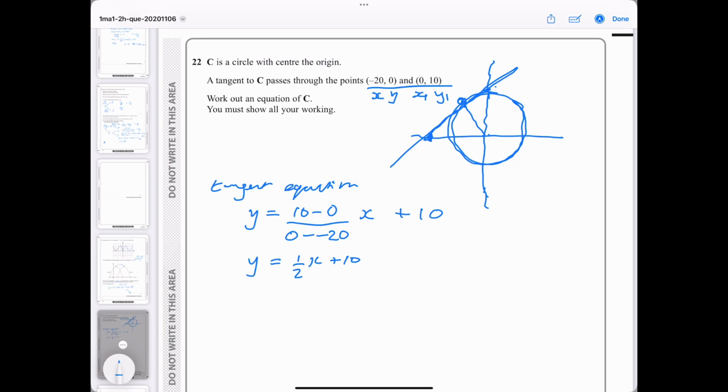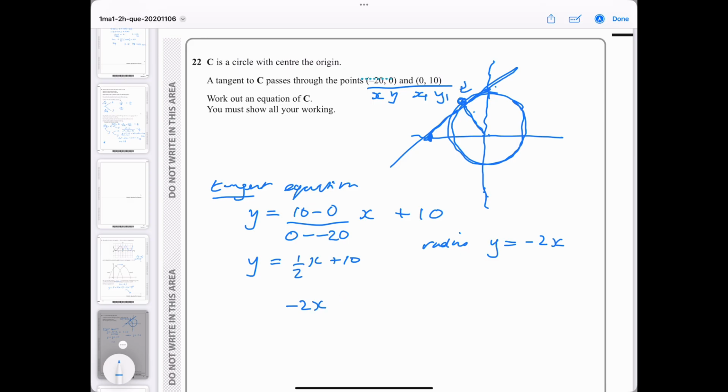Now, we know then that the radius here is going to have a negative reciprocal gradient, because the radius meeting the tangent is at 90 degrees. So that's going to be y equals minus 2x. And to find out what this point is here, we can make them equal each other.